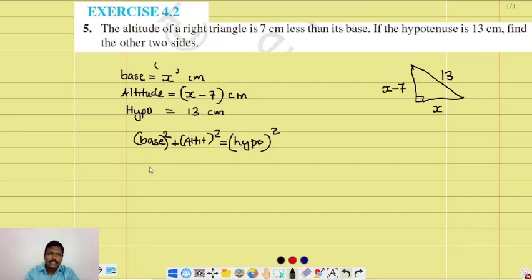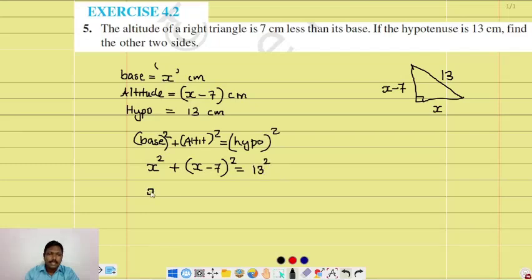So what is the base here? The base is x, and the altitude is x minus 7. So base square is x squared, plus x minus 7 the whole square, is equal to hypotenuse square, so it is 13 square.